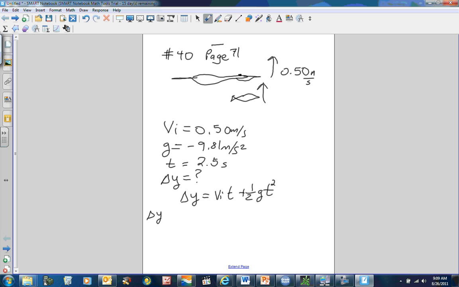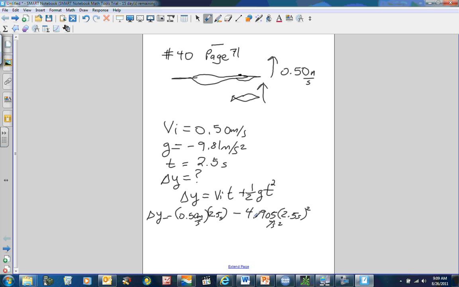Delta y equals positive 0.50 meters per second times 2.5 seconds minus, let's skip a step here, if you put in your calculator 0.5 times 9.81, half of 9.81 is 4.905. 4.905 times 2.5 seconds squared. And of course, the units right here are meters per second squared still.